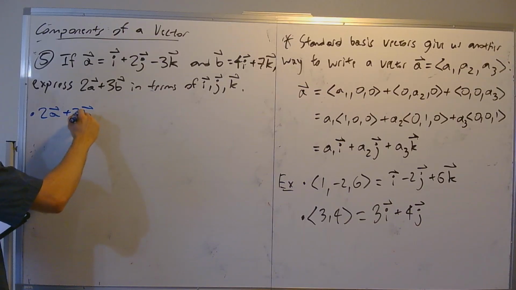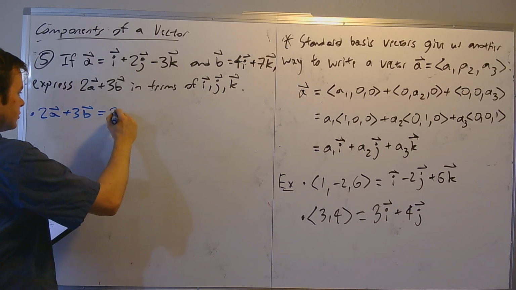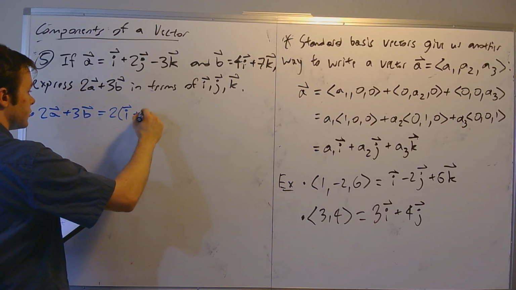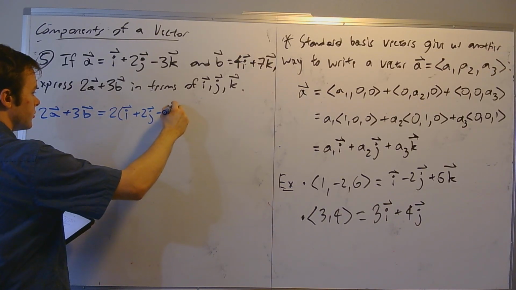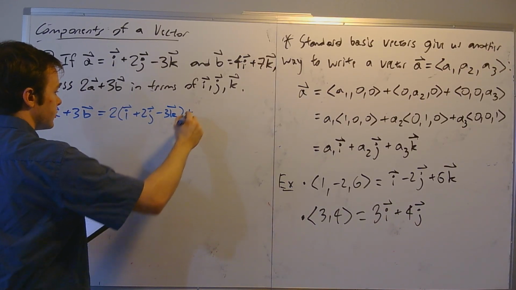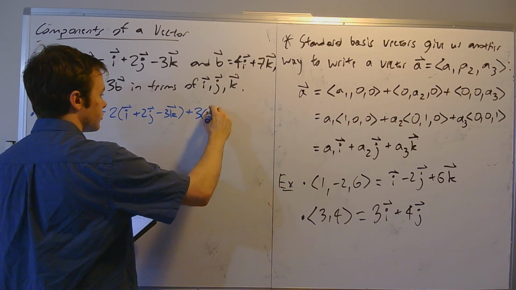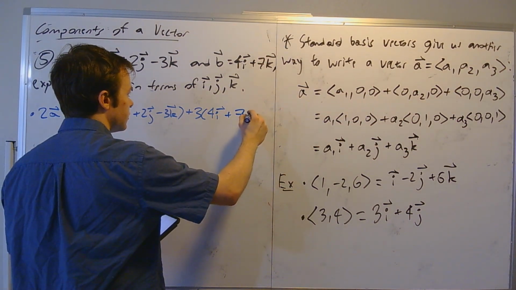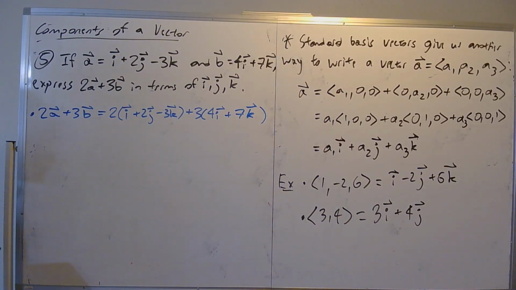And you can try to work this out on your own, but what we're going to get is 2 times our first vector, i plus 2j minus 3k, plus 3 times our second vector, 4i plus 7k. Right, so now we just need to multiply everything out and combine like terms.